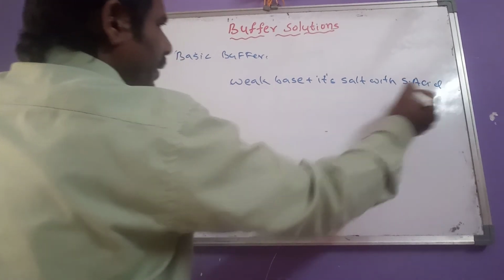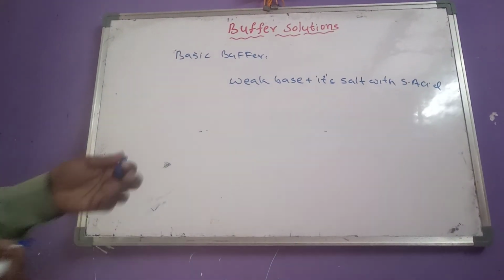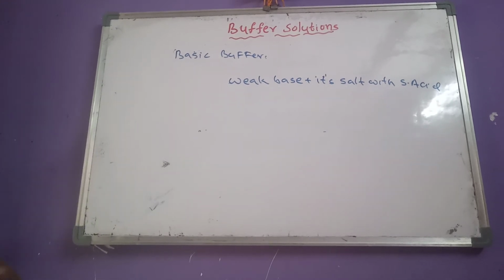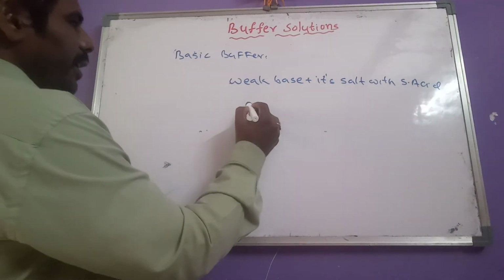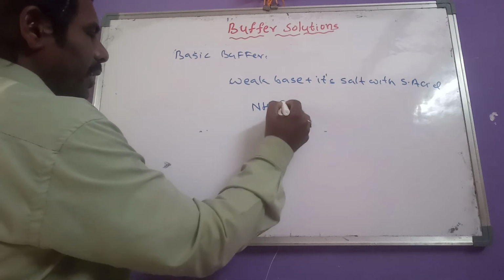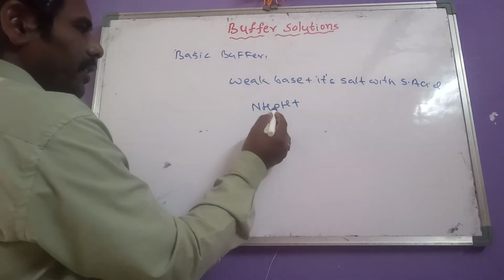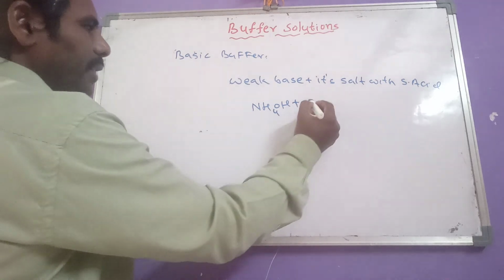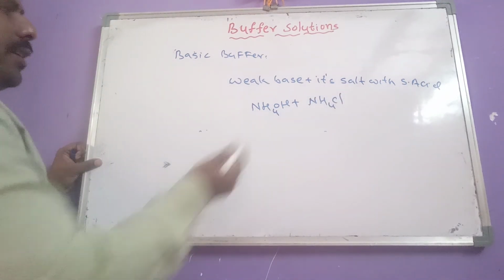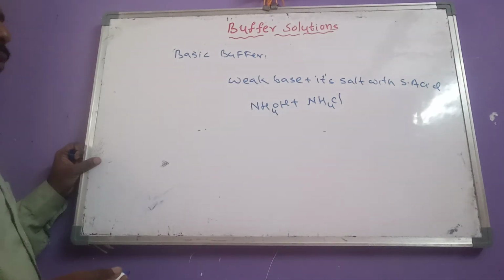Its salt with strong acid. That equimolar mixture is known as which one? Basic buffer. Example here, one of the famous weak bases is which one? NH4OH. With strong hydrochloric acid, this gives a salt NH4Cl. So this is one example for which one?